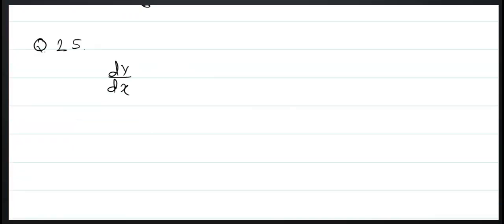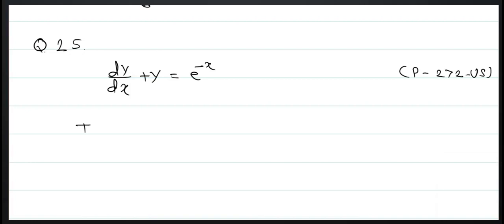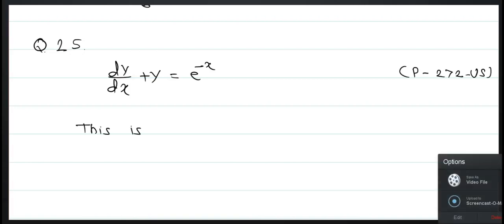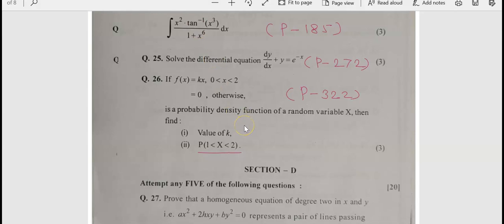Question number 25. Now see this page first, the question. That is, solve the differential equation dy by dx plus y is equal to e raised to minus x. It is on page number 272.